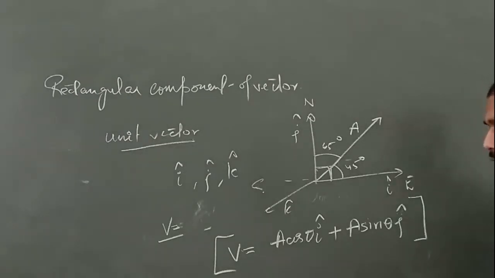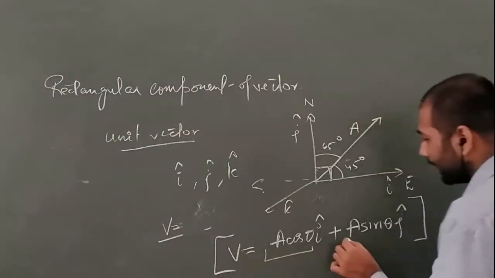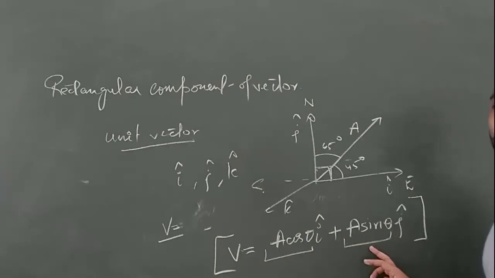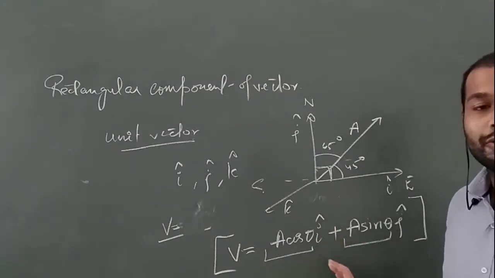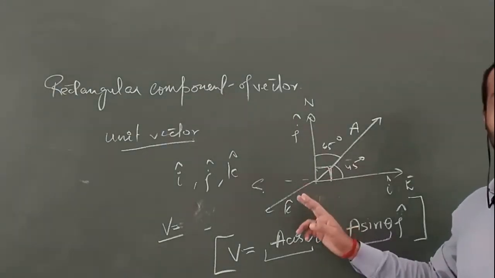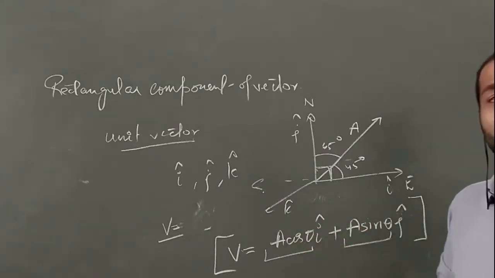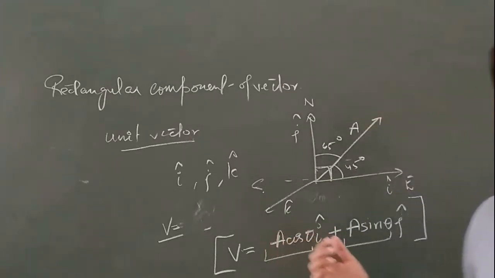Now the terms A cos theta and A sin theta are familiar to you if you have carefully studied the topic of resolving a vector. No problem if you still have difficulty, we will try to cover it under this discussion.